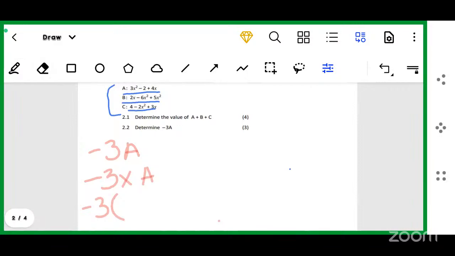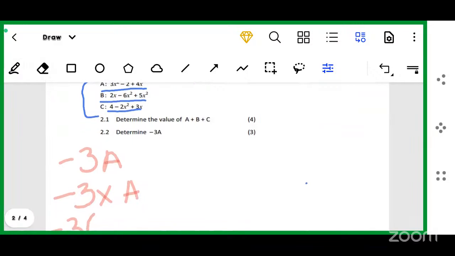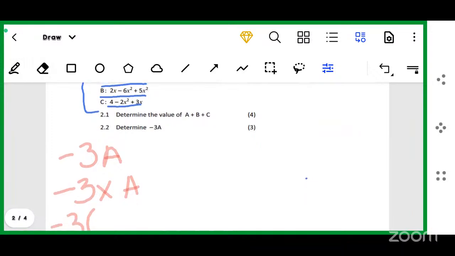Yes. Okay, so what are we going to write in the brackets? Negative, a, sorry. We're going to write 3x to the power of 2 minus 2 plus 4x. Okay, perfect.